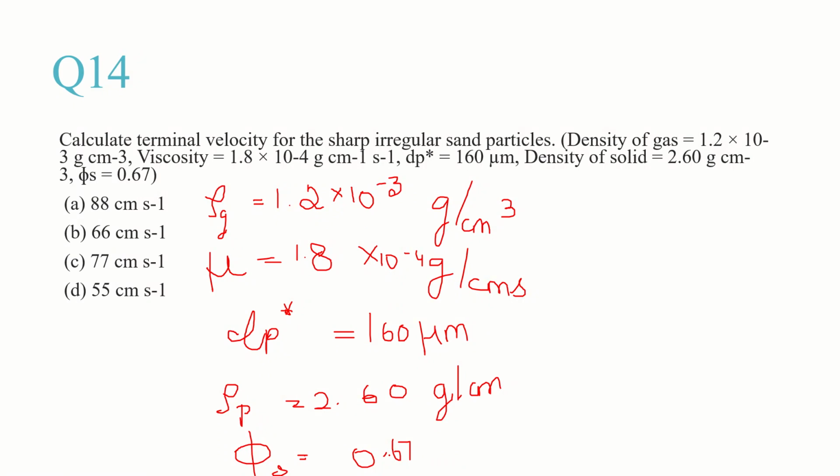First we should calculate the terminal velocity and then cross check with the particle Reynolds number and see if it is within that regime, it is fine, or else we should go again, because the formula for terminal velocity is different for different regimes. I think I'll take out one new slide.